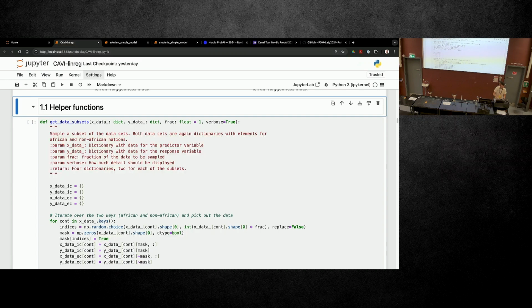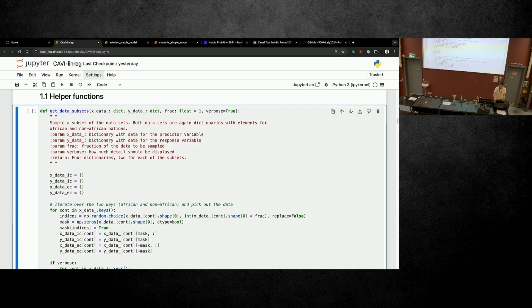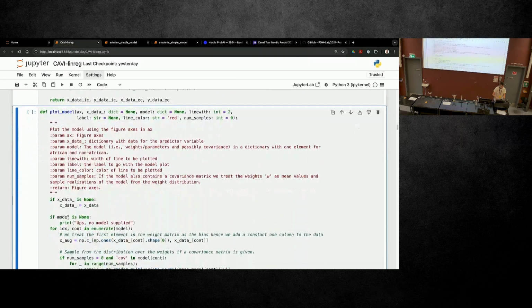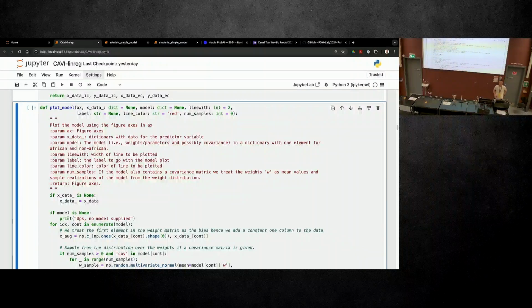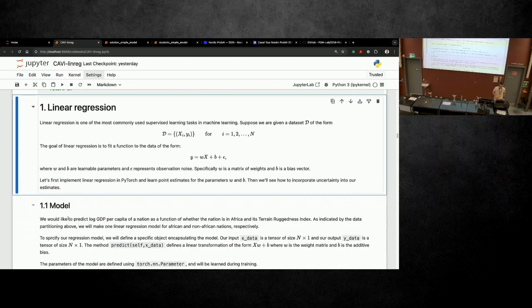So this is a helper function for doing that, get data subsets. Again, not particularly interesting. Then we want to visualize the models that we learn, and this is just a helper function for doing that. It's not something that you really need to dig into at this point. It's just to let you know that it's here.